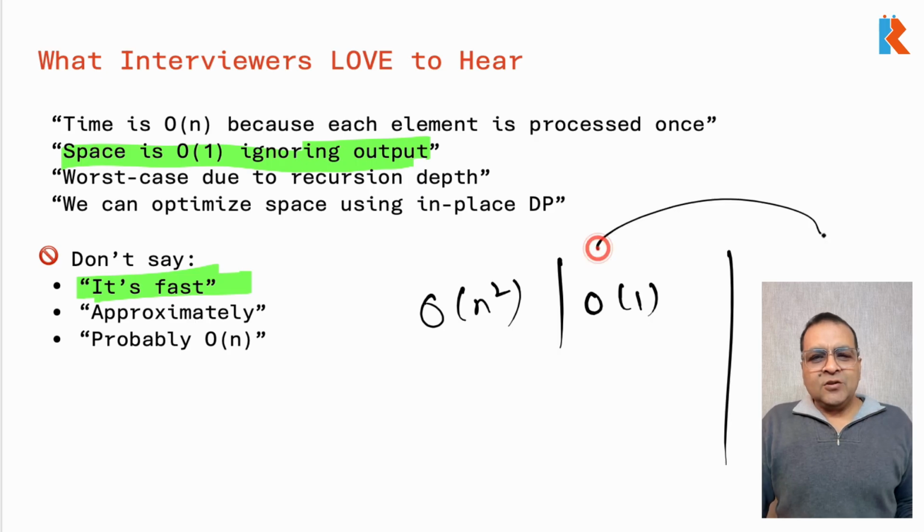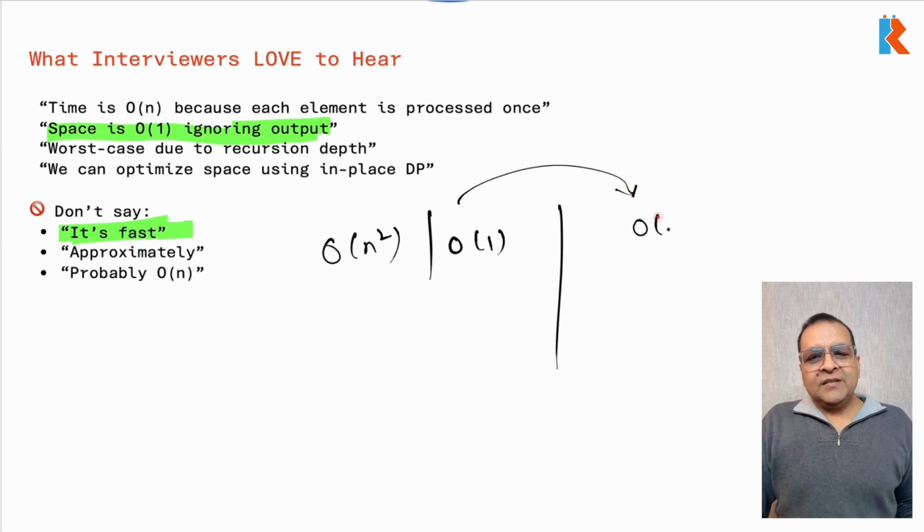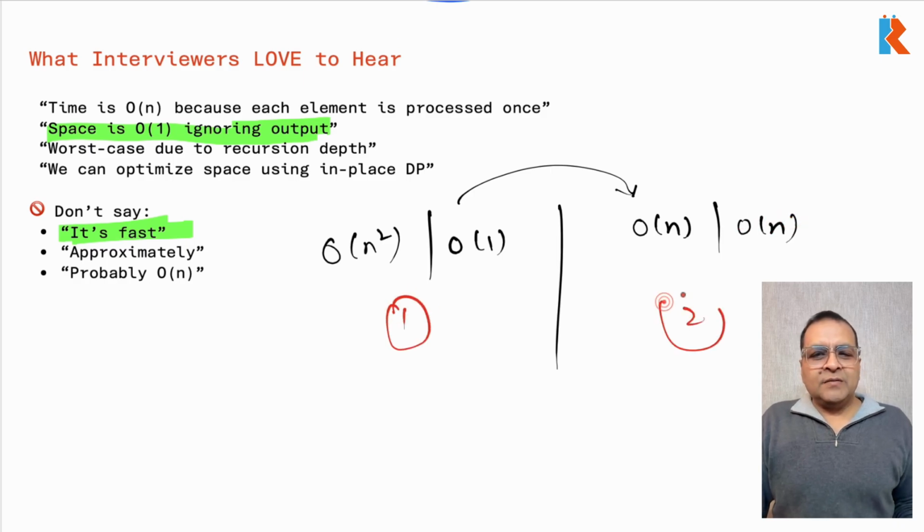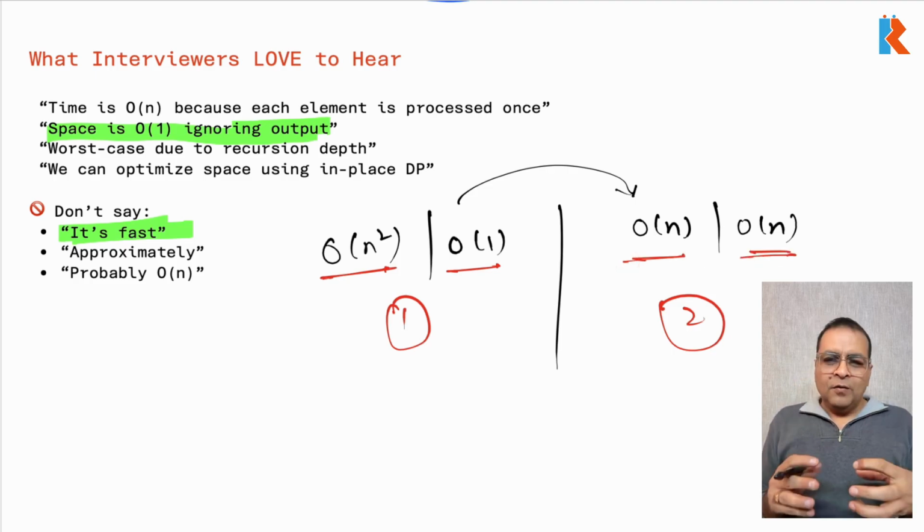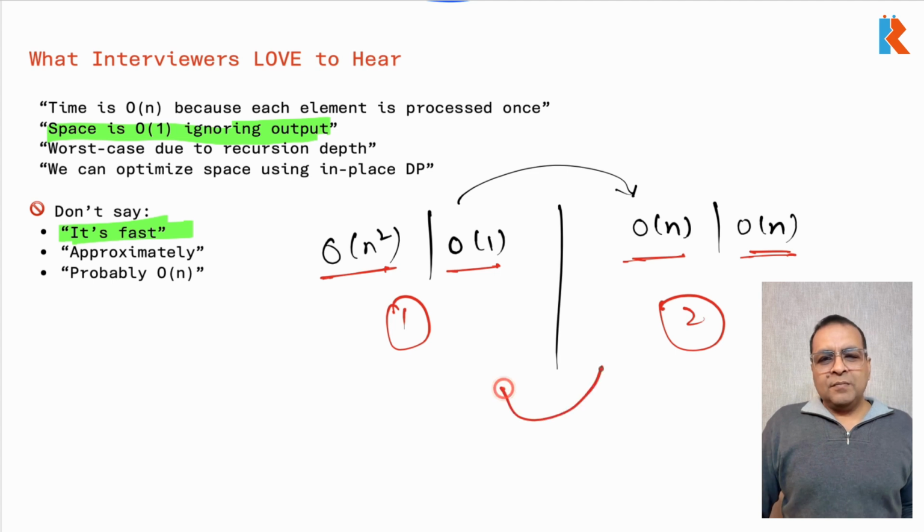But there is another solution of the same problem which takes order of n time, but this solution also takes order of n space. We cannot say that the first solution is better or the second solution is better, because the first solution is taking more time but it is taking less space, whereas the second solution is taking less time but it is taking more space. We must apprise the interviewer about the trade-offs between multiple solutions that we have in our mind.